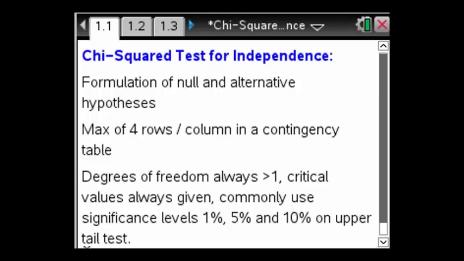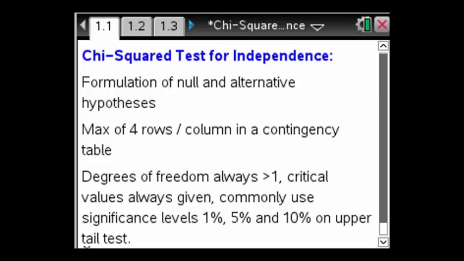But the whole idea about statistical testing and hypothesis testing is, first of all, to state the hypotheses, to formulate your plan, to analyse the sample data, and then to interpret the results.